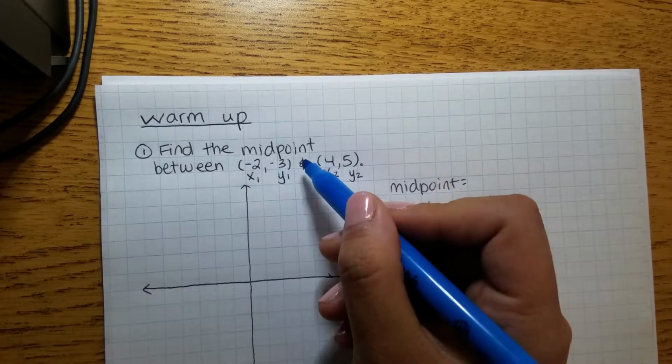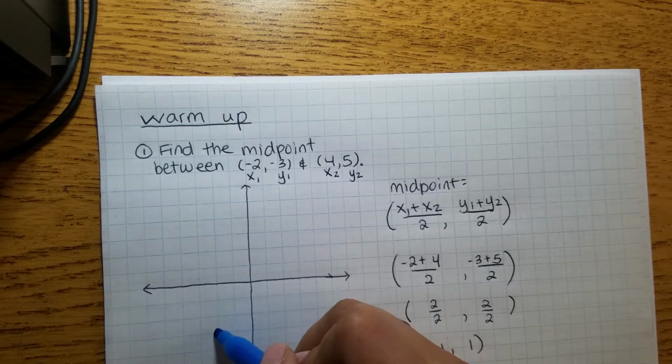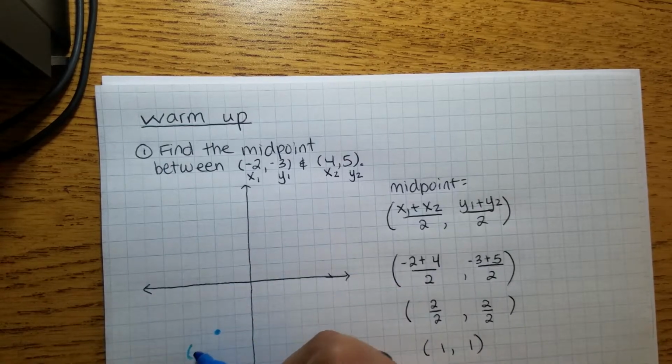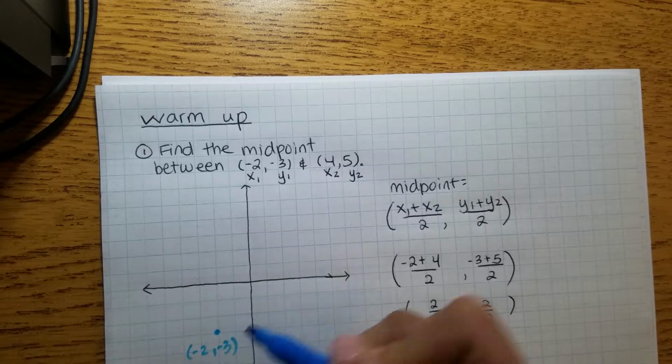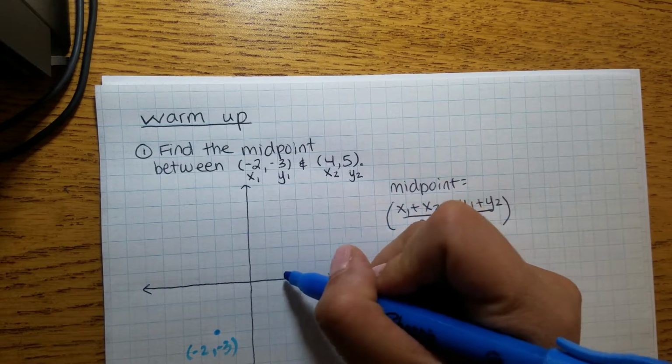Let's graph -2, -3, left 2, down 3. That's -2, -3. And let's graph 4, 5.